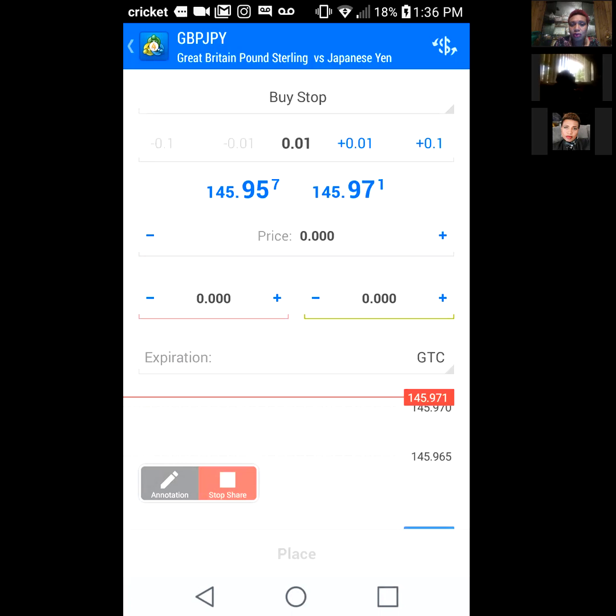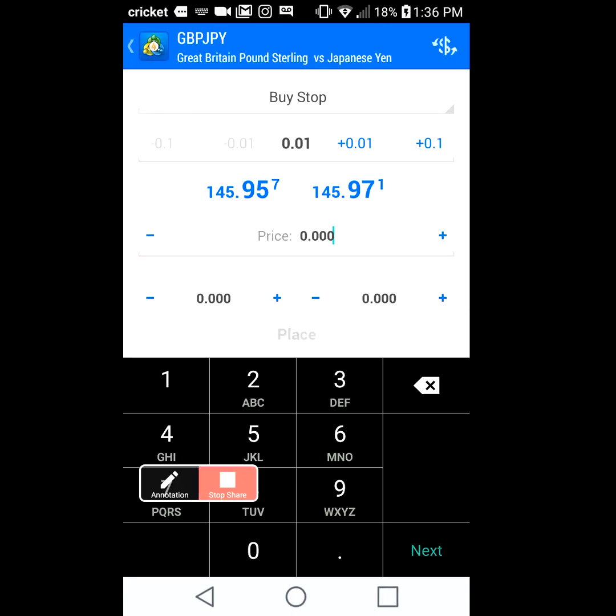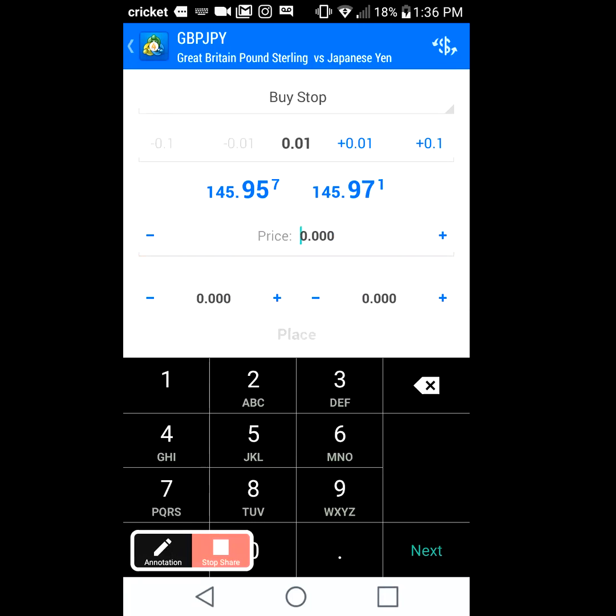Wow. Okay. So now what you're going to do is you're going to enter your entry price. And what did we say our entry price was? 145.937.